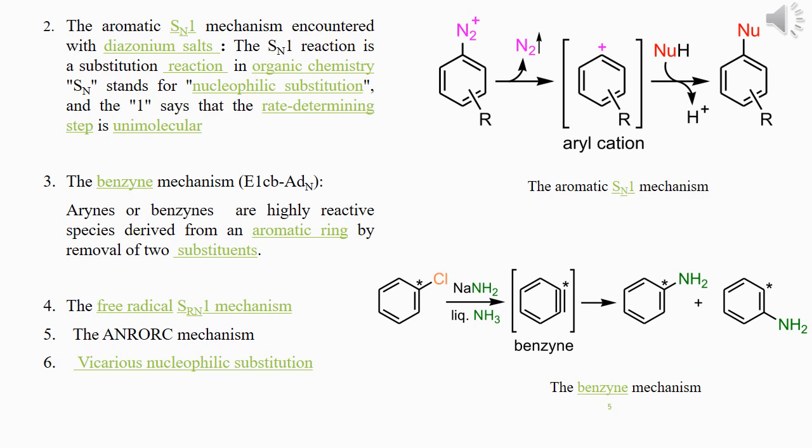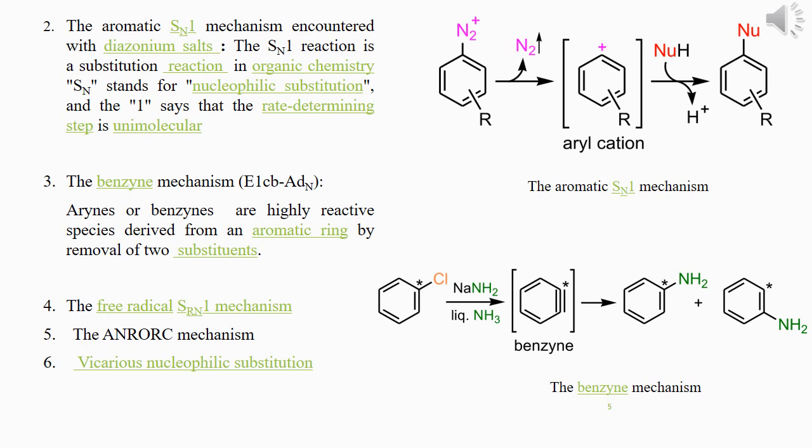Third type of mechanism is the benzyne mechanism, E1cB. Arynes or benzynes are highly reactive species that are derived from an aromatic ring by the removal of 2 substituents. So you can see the lower example on the right hand side is the benzyne mechanism. What happens in this mechanism? There is a chlorobenzene with the action of sodium amide in liquid ammonia. The chloro has been removed from here, and also 1 hydrogen is removed from here.